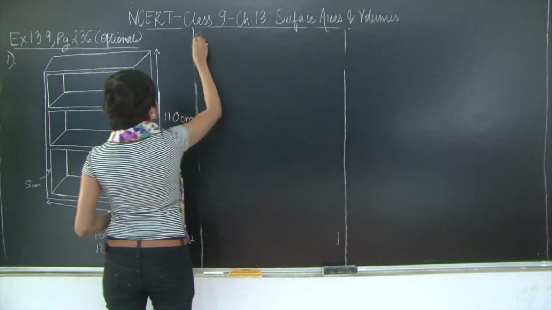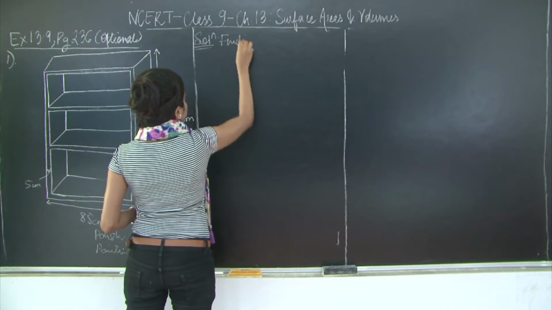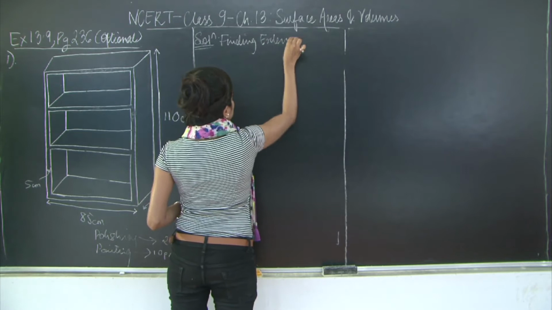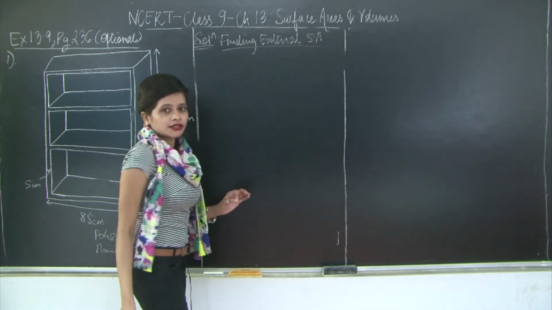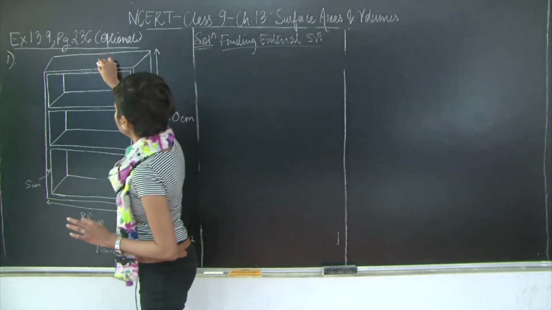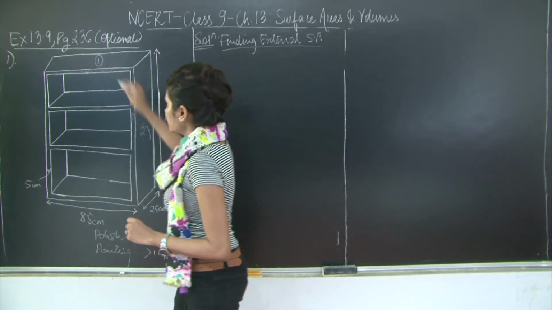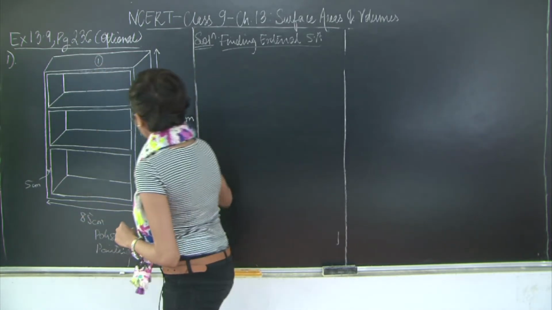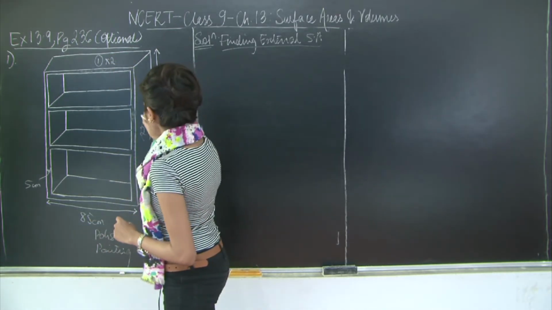I'll say solution, finding external surface area. So what is the external surface area going to be? It is going to be the sum of the areas of this section 1, then this section 2, right? Then we have the same section at the base. So the third section, so this would be the area of first surface into 2, the area of second surface into 2.